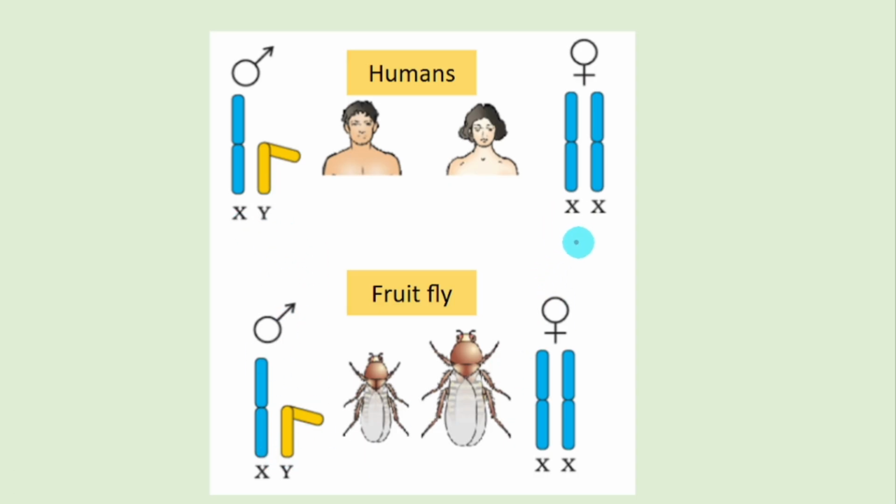And females show homogamety. So if you get a question, what is the difference between XY and XO system of sex determination? You will have to say in the XY system, the total number of chromosomes in male and females are the same, whereas in the XO system, male has fewer chromosomes compared to females.